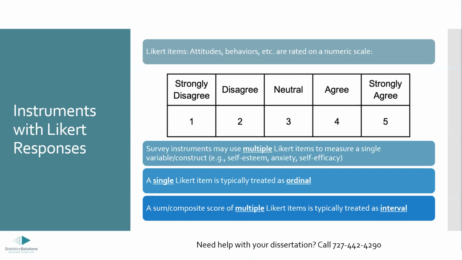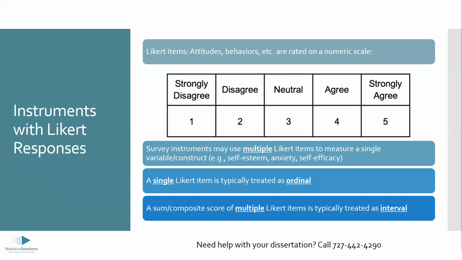And when you have this situation, what researchers typically do is, if you have multiple Likert items that make up a survey instrument, so for instance, 10 Likert items that make up a measure of self-esteem, we usually treat these measures as intervals.